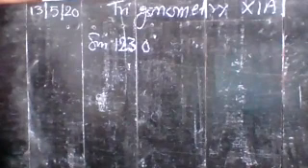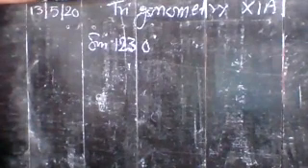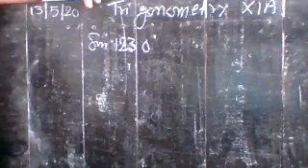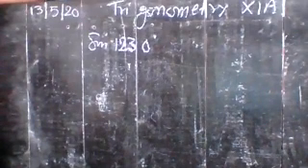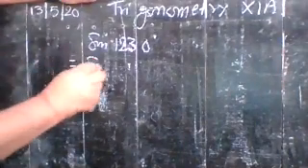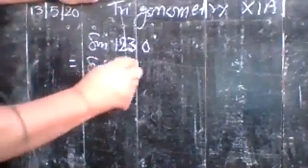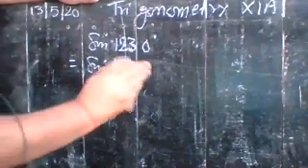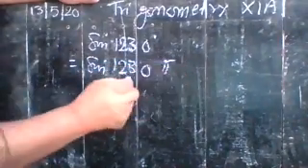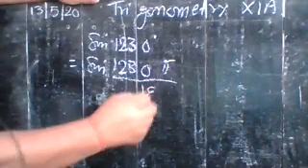Here you have two methods. It's your choice which you like applying. If you want to convert it into radian, you convert it into radian and then find its value. So just check that method also. 1230 degree, multiply it by pi upon 180 degree.